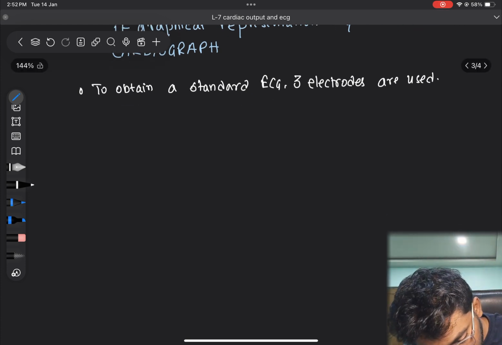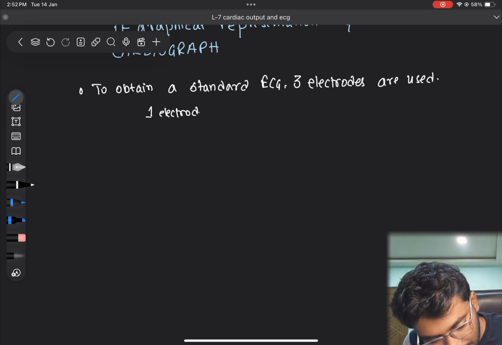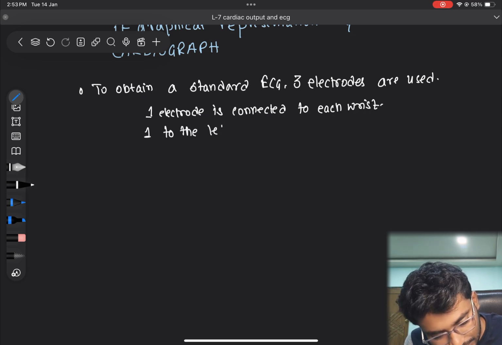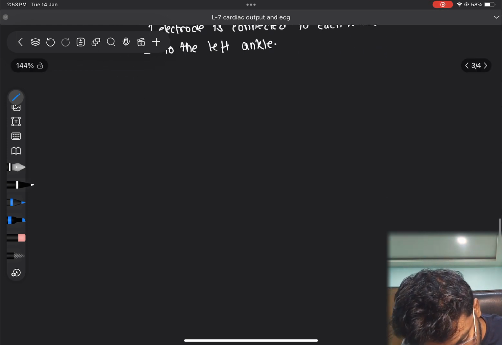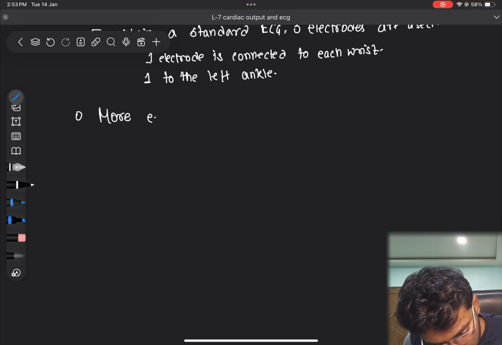One electrode is connected to each wrist and one to the left ankle.